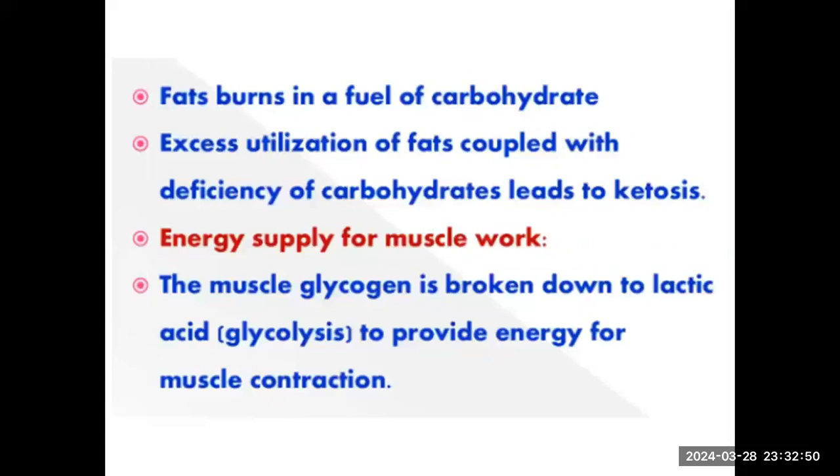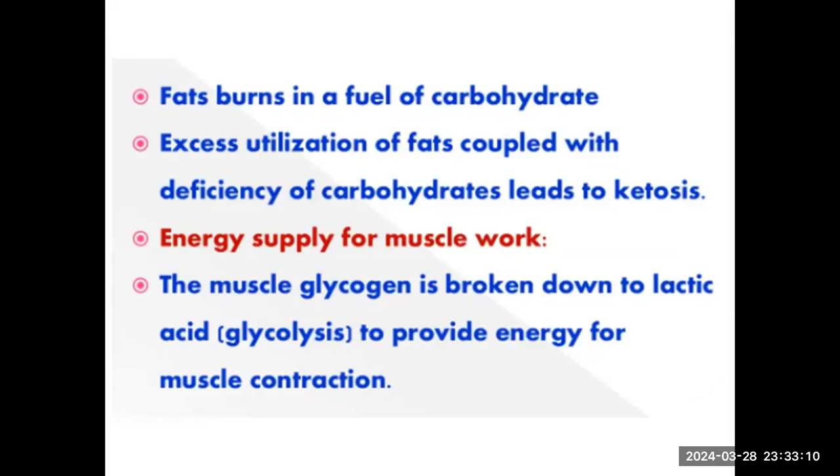That is, when we need energy, carbohydrates are synthesized into acetyl coenzyme A, and then it uses the oxidation of fats and burns the fat. What do we mean by burning of fat?